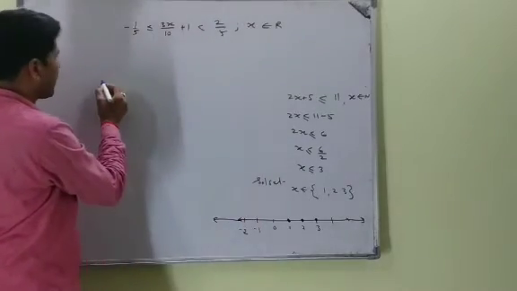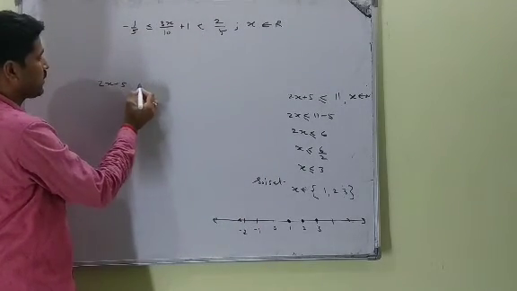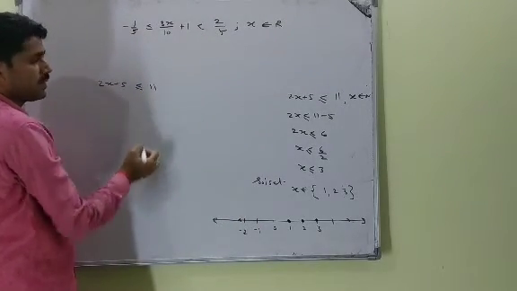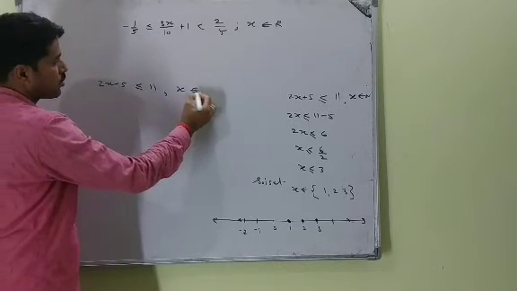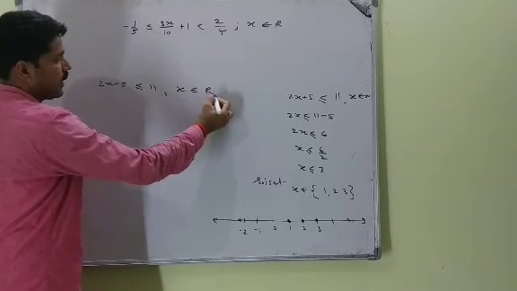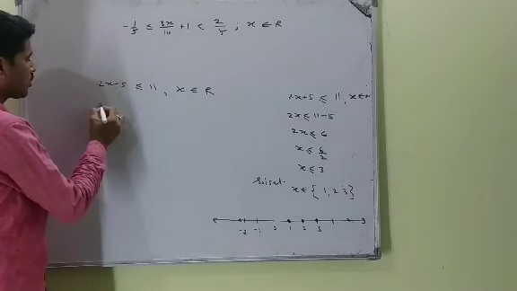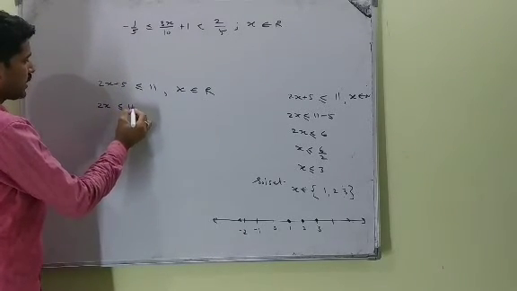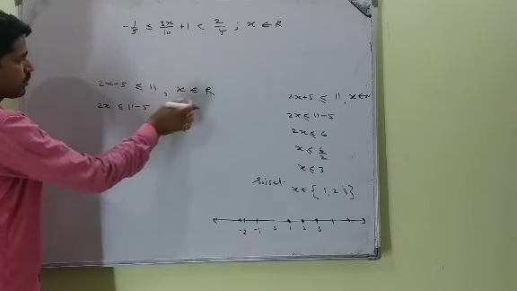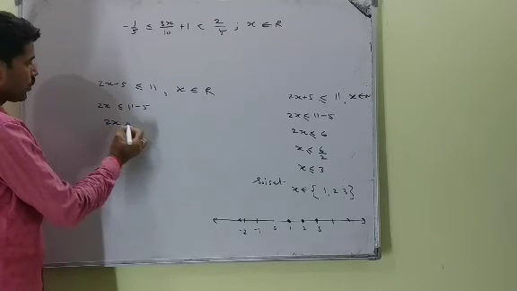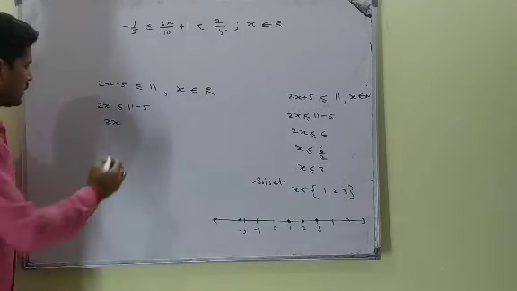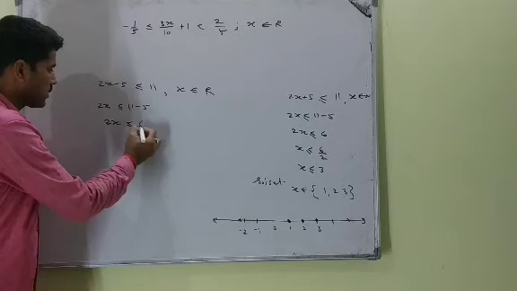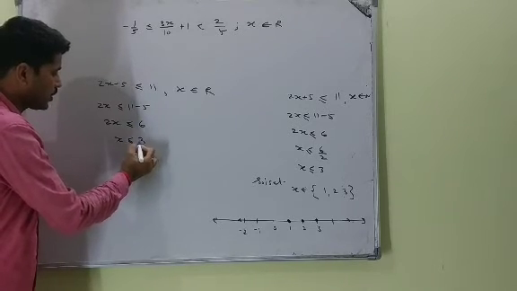Same question I am taking again. 2x plus 5 less than or equal to 11 when x belongs to real. Then simply we will solve it. 2x less than or equal to 11 minus 5, transposing 5 to the right hand side. 2x is 6, then x less than or equal to 3.